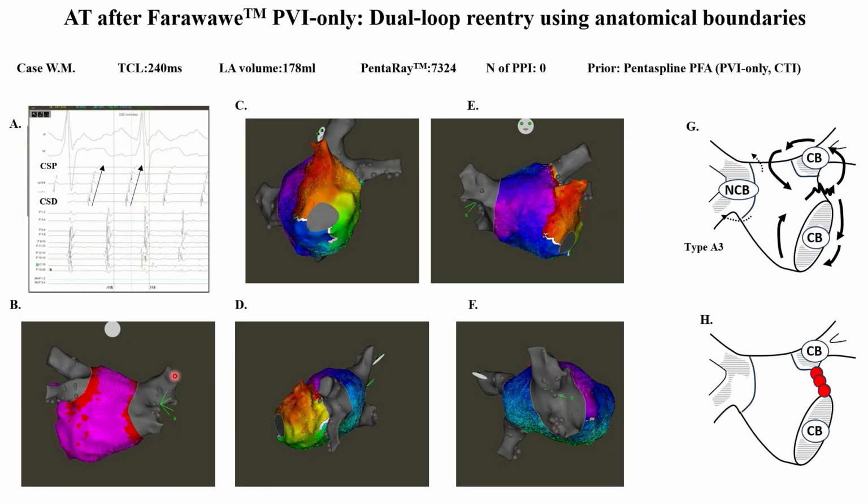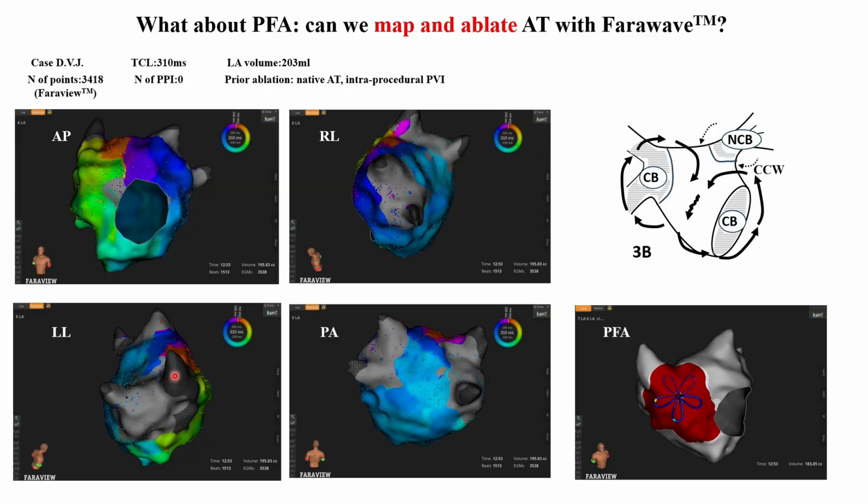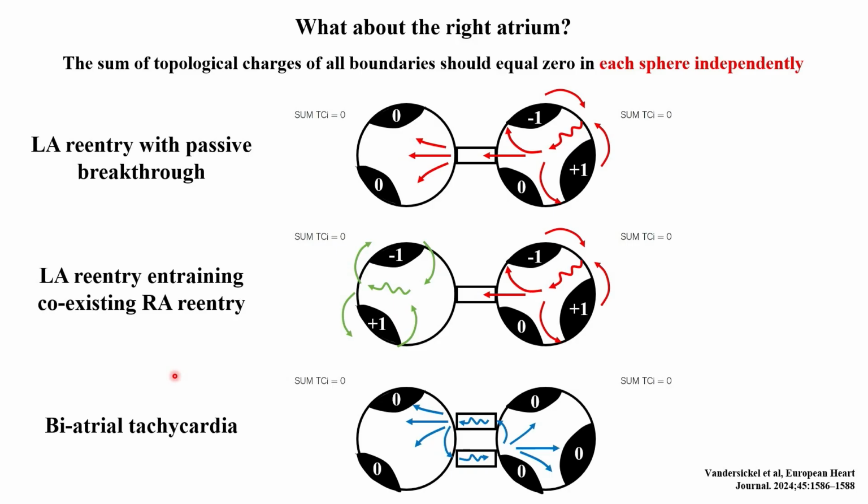And then there is the second part of your question. The moment you start to make anterior lines and you start to ablate the septum, Bachmann bundle, you induce biatrial tachycardias. I've never seen biatrial tachycardias before, and now they come to our lab.